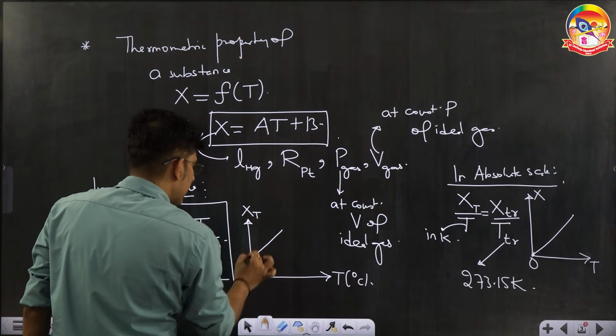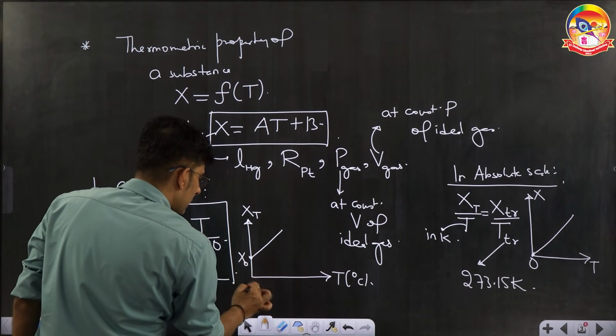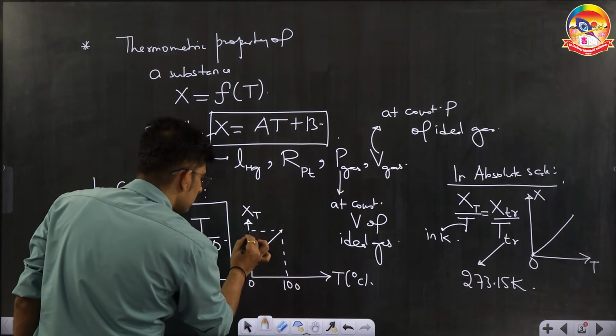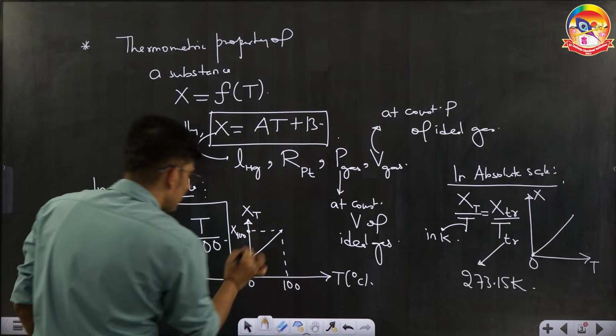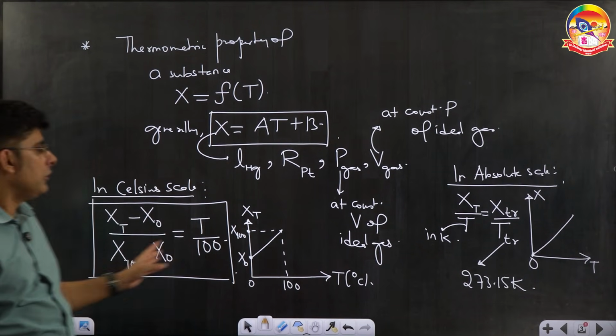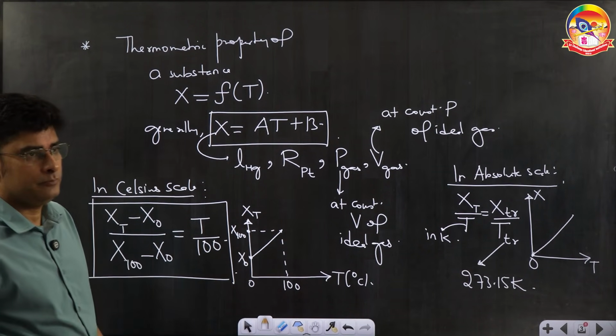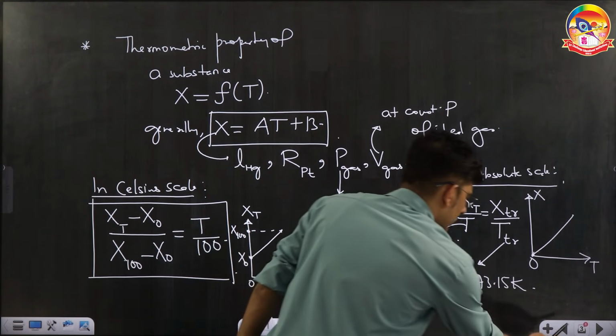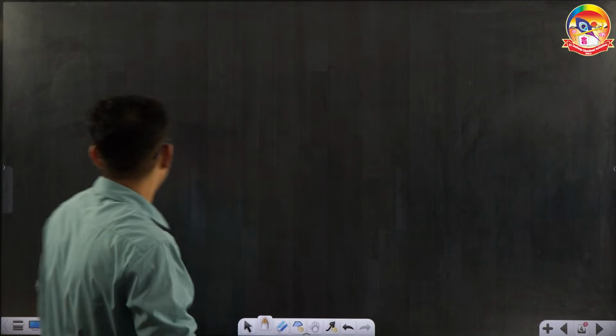So when we are taking like this, we can see this is x0 at 0 degree Celsius, this is x100 at 100 degree Celsius. So you can compare any two. Clear? So a very, very important formula. One quick question we will take on this so that you understand.